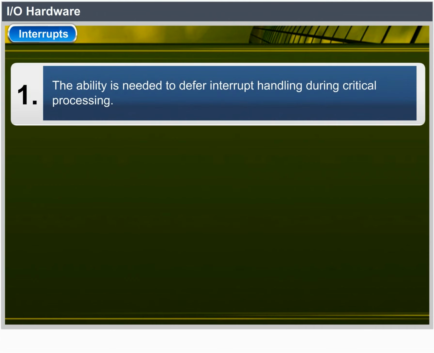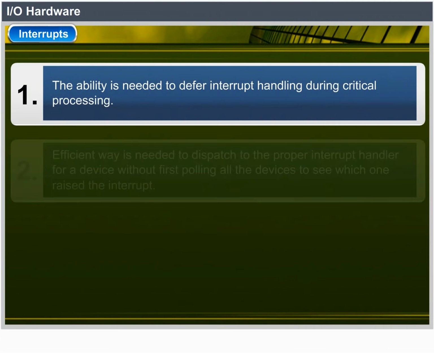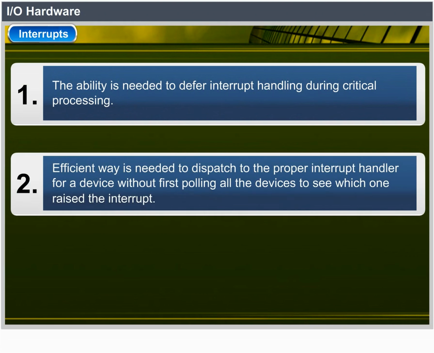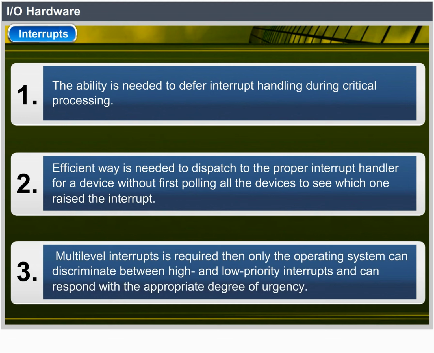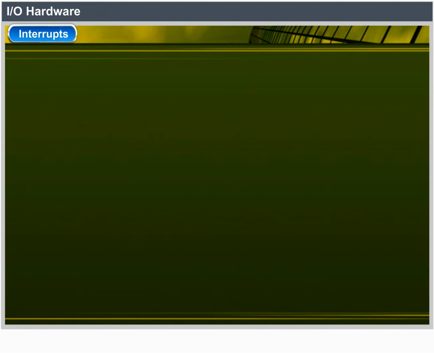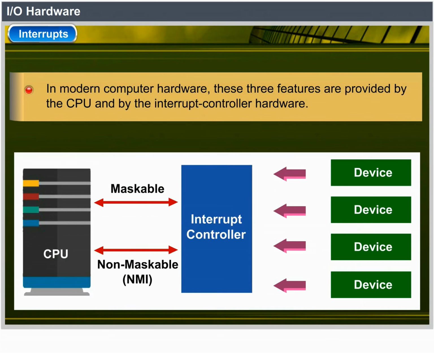We need an efficient way to dispatch to the proper interrupt handler for a device without first polling all the devices to see which one raised the interrupt. We need multi-level interrupts so that the operating system can distinguish between high and low priority interrupts and can respond with the appropriate degree of urgency. In modern computer hardware, these three features are provided by the CPU and by the interrupt controller hardware.